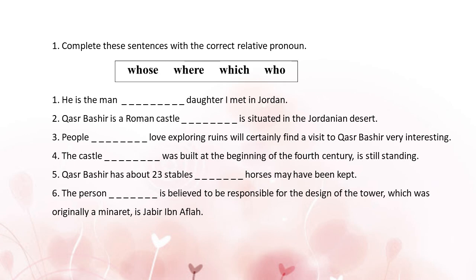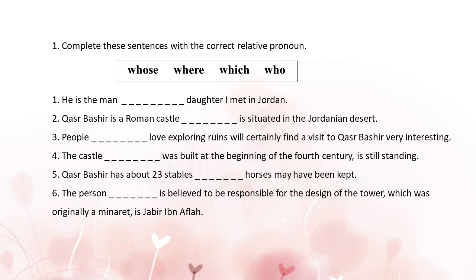We cannot say where to the man nor which. So you can choose between whose and who. Now you look at the sentence. If it talks about the man in the position of subject or object, you should choose who. If we have possession, something that the man owns or a thing that belongs to this man, you should choose whose.